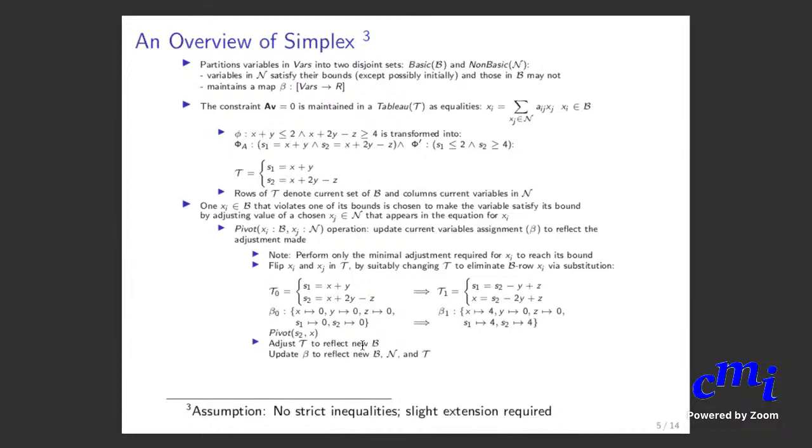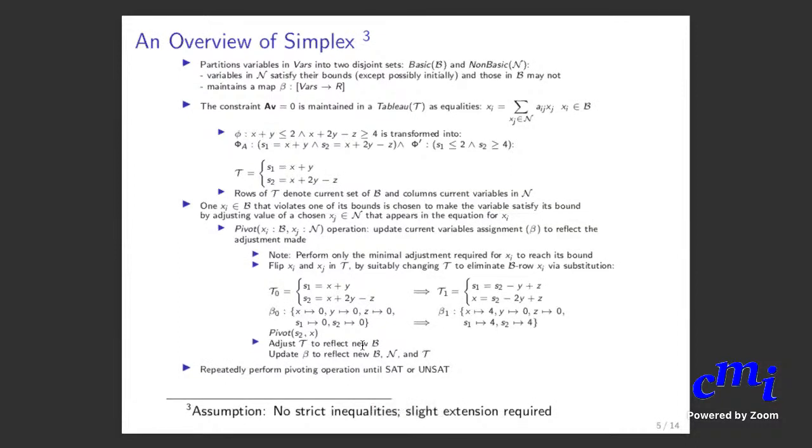So before it moves a variable using the pivot operation, it always fixes it and then moves it. As a result of adjusting, sometimes you may move the value of a non-basic variable out of bounds, and that's why you pivot it into the basic variables. So the key thing is that non-basic variables throughout the simplex algorithm always satisfy their bounds, in the beginning as well as throughout. That is the thing that is preserved.